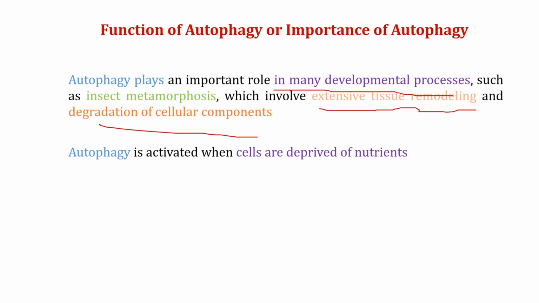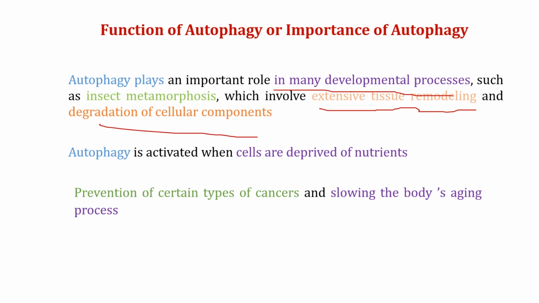In other circumstances, autophagy plays an important role in programmed cell death, the prevention of certain types of cancer, and slowing the body's aging process. This is the main function of autophagy.